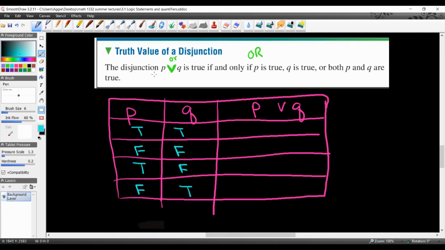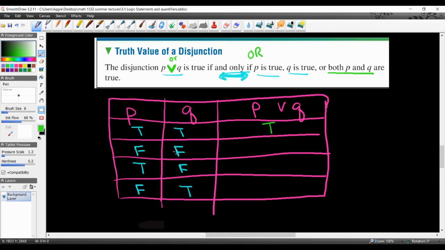According to this definition, this one is true if and only if, remember that's the symbol with the arrows going both ways, P is true, Q is true, or both of them are true. As long as one of them is true, this is going to be true. So this one is true because they're both true. So this goes with this part right here.